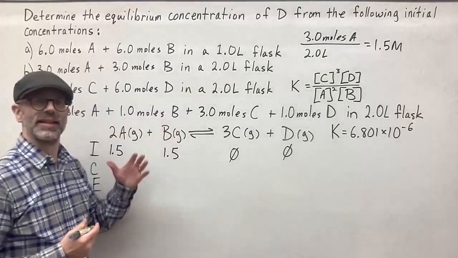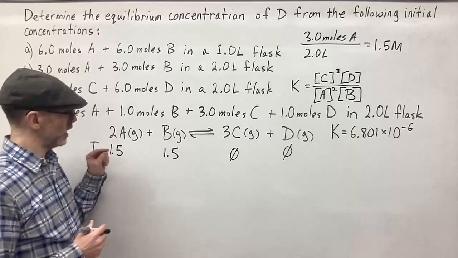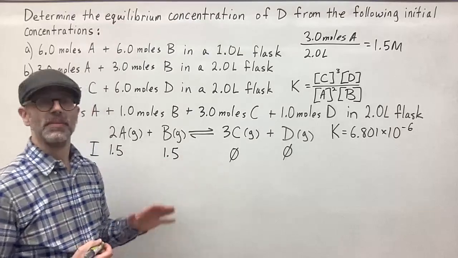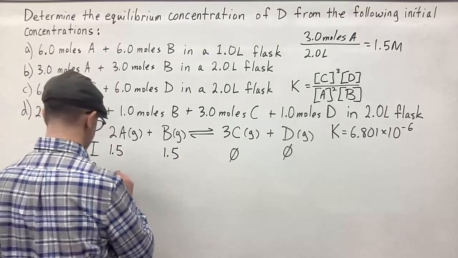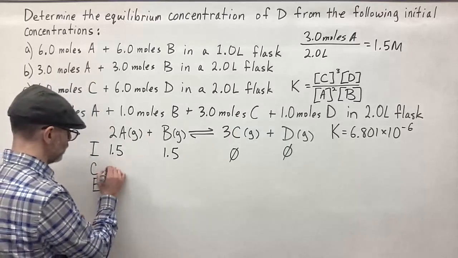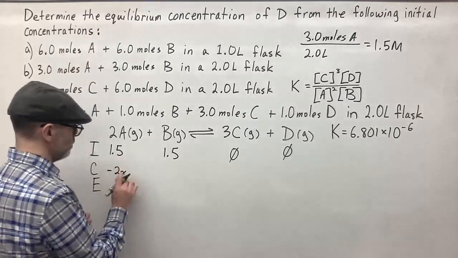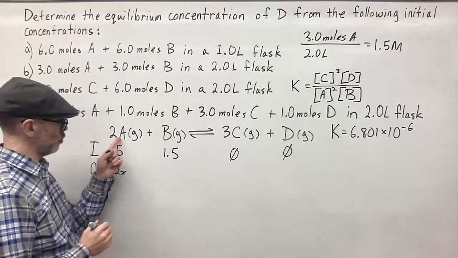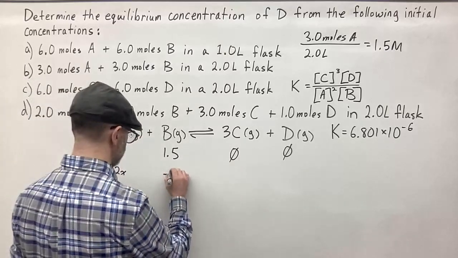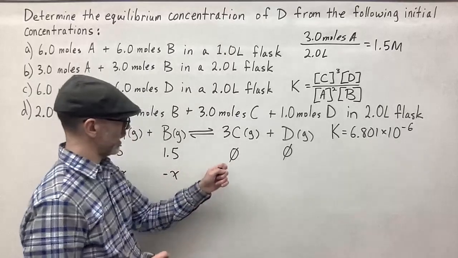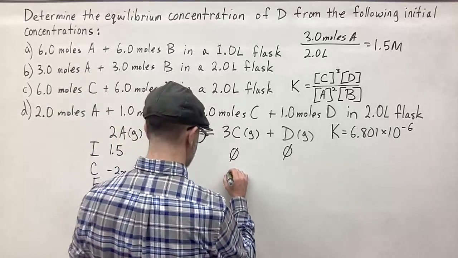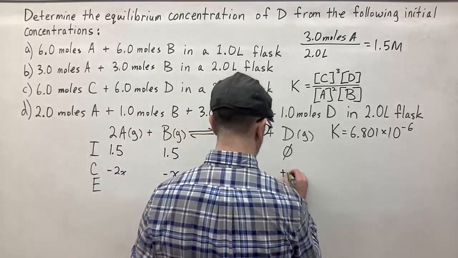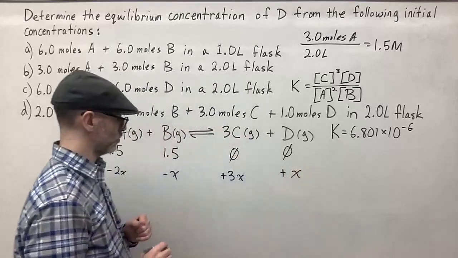And so just like in the previous set of conditions, it's going to shift in this direction a little bit. We can assume that x is small. So let's go ahead and set this up. The change here again is going to be a minus 2x because we're moving in that direction, and the ratio is 2 to 1. So here we're going to lose an x amount. Here we're going to gain 3x again, so that's a positive 3x, and we're going to add here an x amount.